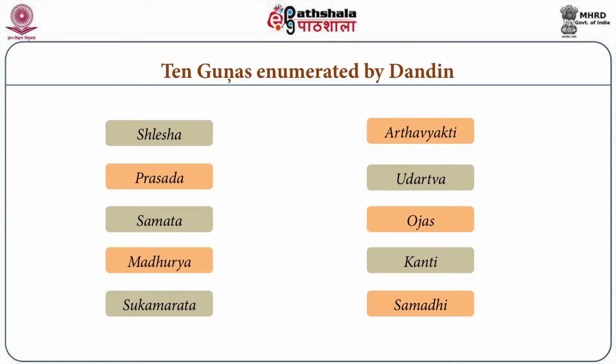These 10 gunas are what Dandin enumerated: Shlesha, compactness; prasada, lucidity; samata, evenness of sound combination; madhurya, elegance of sound and idea; sukumarata, absence of harsh sounds; artha vyakti, explicitness; udarata, eminence or loftiness of idea expressed; ojas, vigor; kanti, absence of over exaggeration; and samadhi, superimposition of the attributes of one object to another.